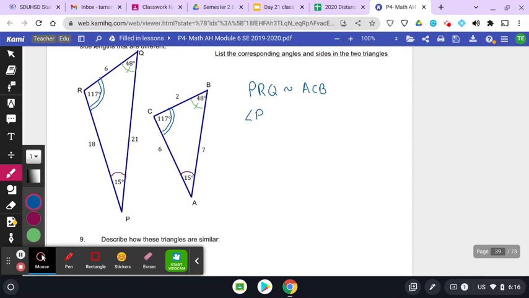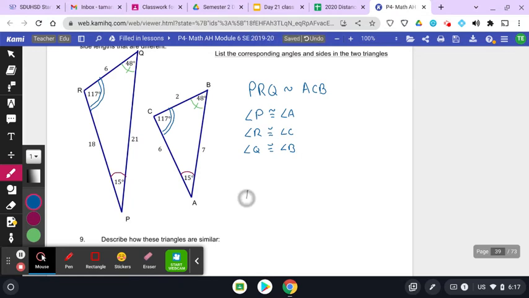Angle P corresponds to angle A, and we can actually say they're congruent. Let's make it easier. Angle P is congruent, equal with the squiggle on top, to angle A. Angle R is congruent to angle C. Angle Q is congruent to angle B. Now the sides are not congruent. The sides are proportional.